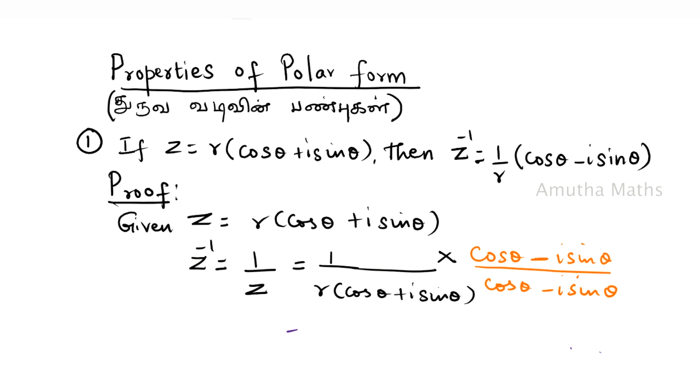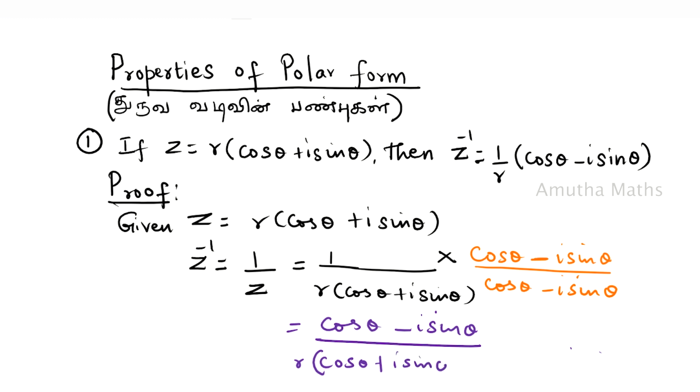இப்போ நியூமரேட்டர் என்ன ஆயிரும் நமக்கு? So cos theta minus i sin theta, divided by கீழ என்ன இருக்கு? So the denominator we get r into cos theta plus i sin theta into cos theta minus i sin theta.